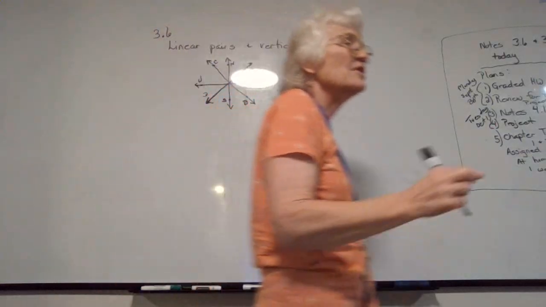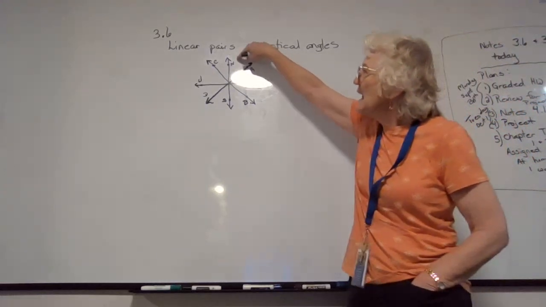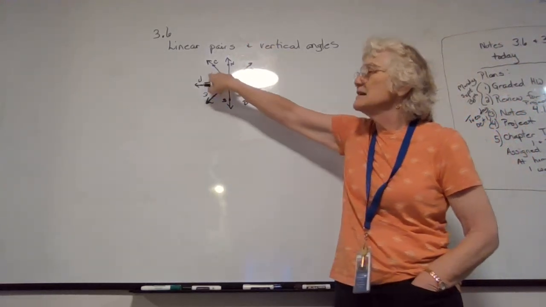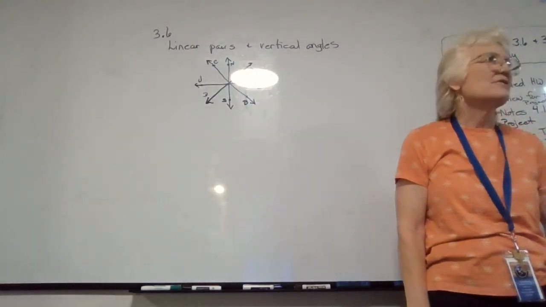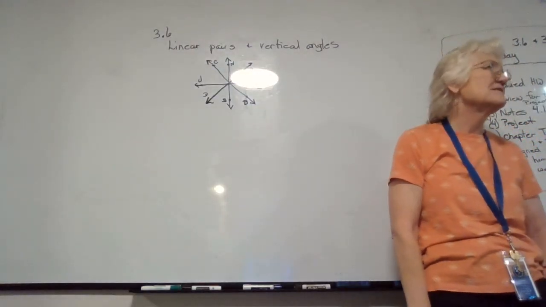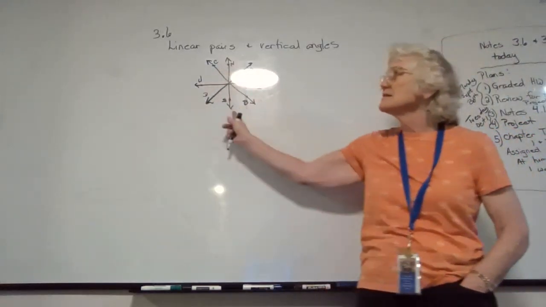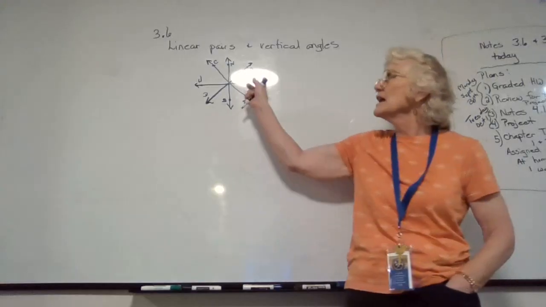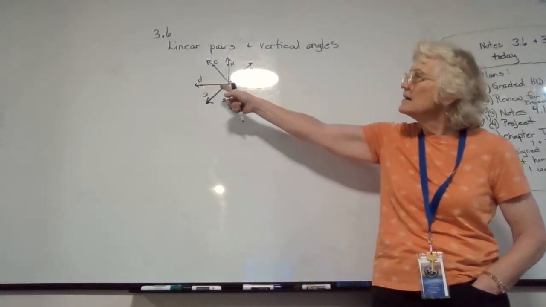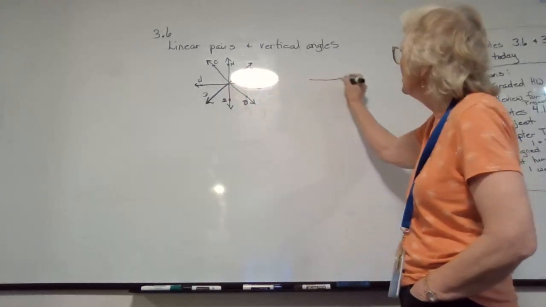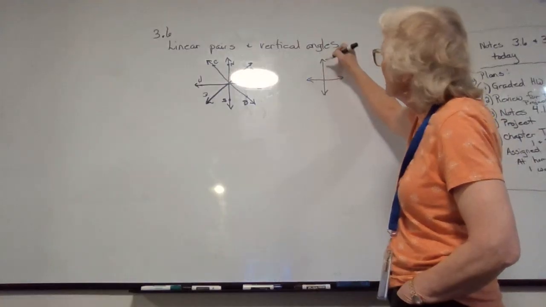Do you notice that we have N, E, S, and W? What do you think those stand for? Yes, north, east, south, west. Those are directional signs. That means, what kind of angle is formed right here between line WE and line NS?